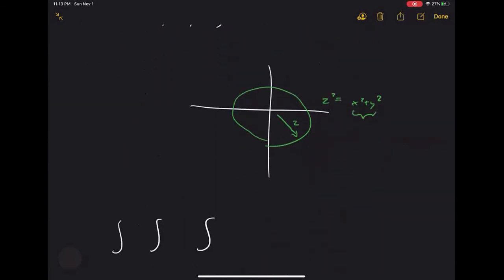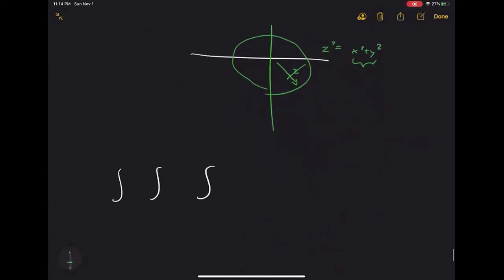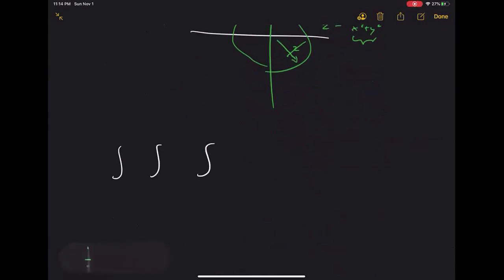If I was going to do the integral for this shaded region in polar coordinates, my radiuses would range from 0 to z, and then my angle would be 0 to 2 pi.